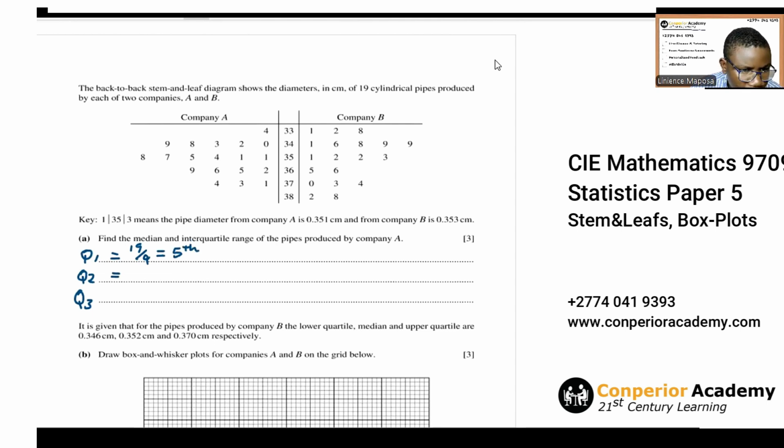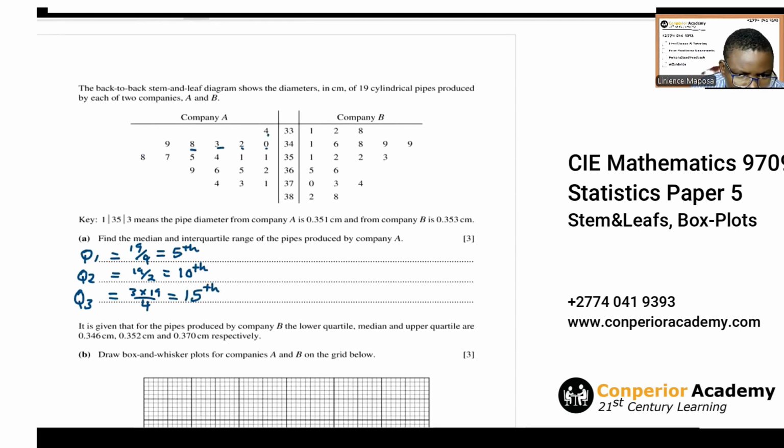And half of 19 will be equal to what? 9.5. So we take the 10th value. And then what is 3/4 of 19? 3/4 of 19 equal to 14.25. So we take the 15th value.